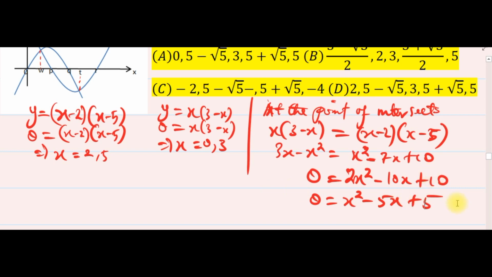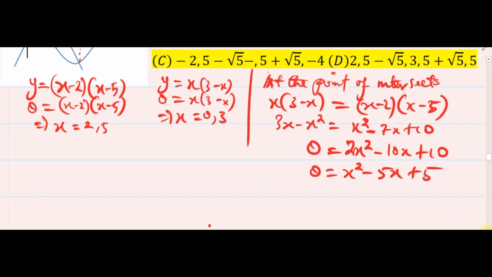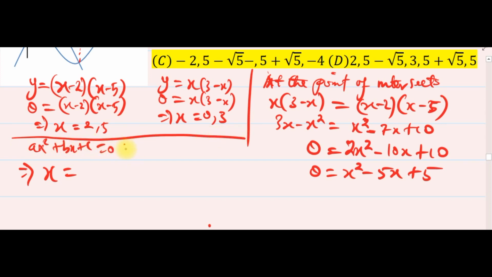So this is now a quadratic equation, and to solve it, let's use our quadratic formula. Do you remember the quadratic formula? ax squared plus bx plus c equal to 0 implies that x is always minus b plus or minus the square root of b squared minus 4ac, all over 2a.